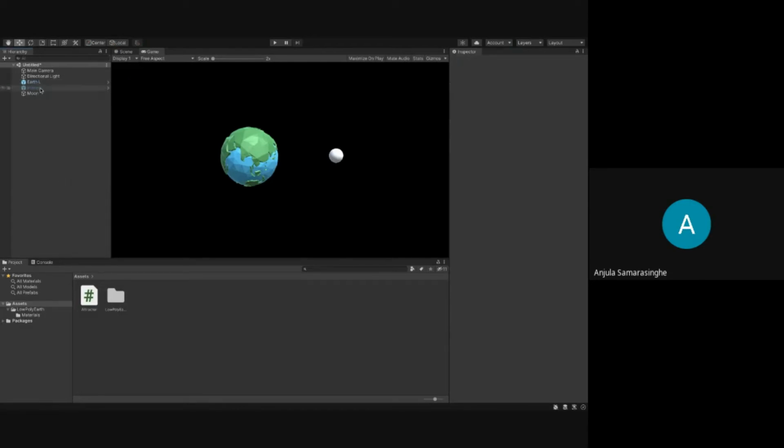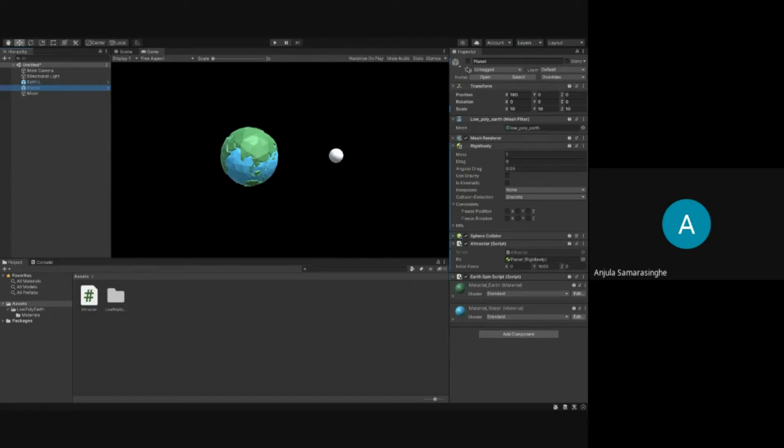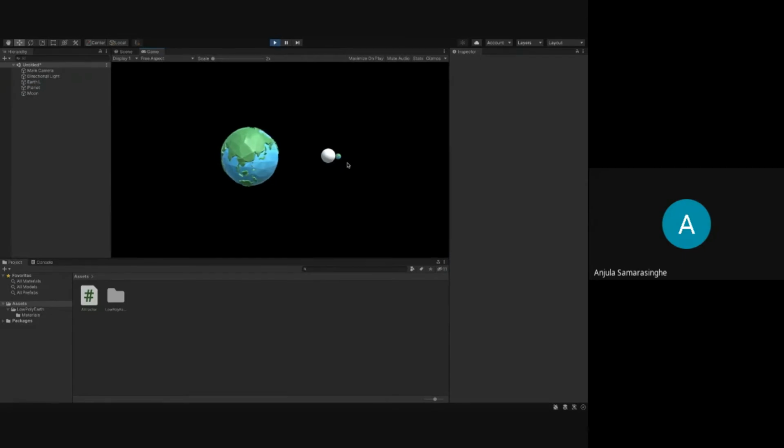So let me add another planet. It will be so small. As you can see, it's smaller than the moon. If I run this simulation, the smaller planet gets attracted to the moon, and the moon gets attracted to the bigger object, which is Earth.